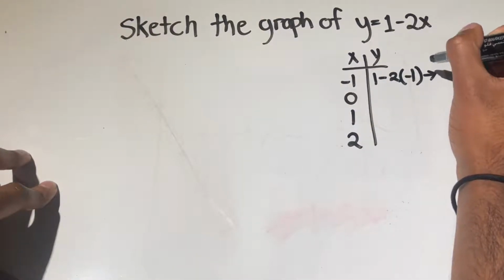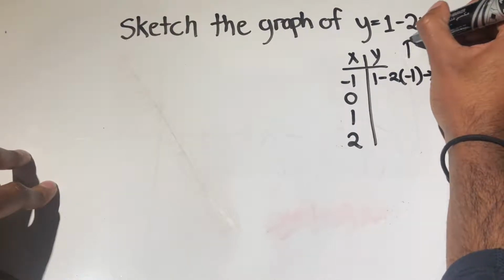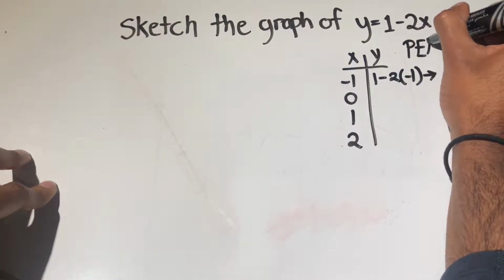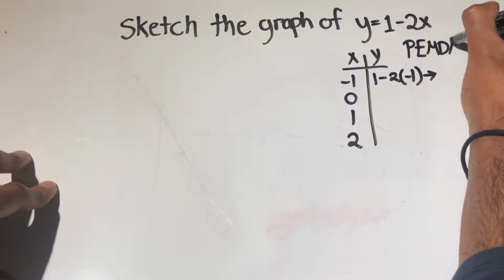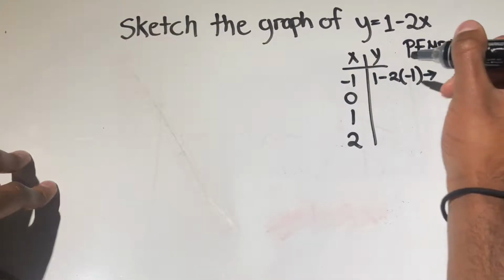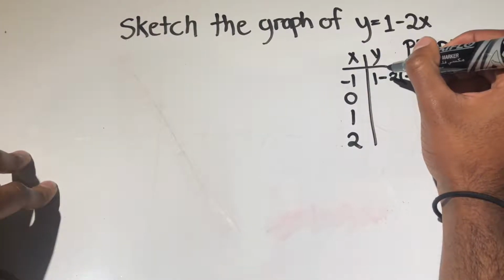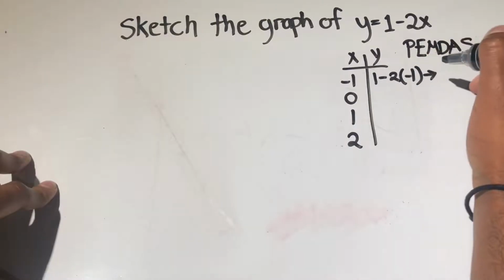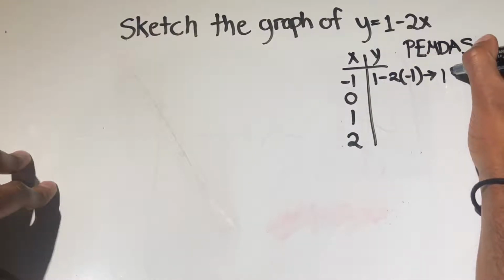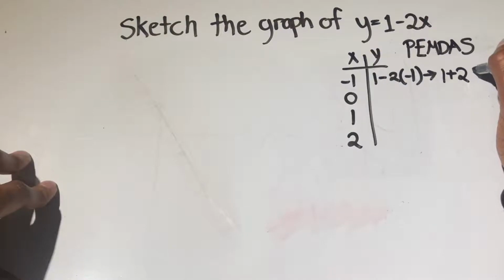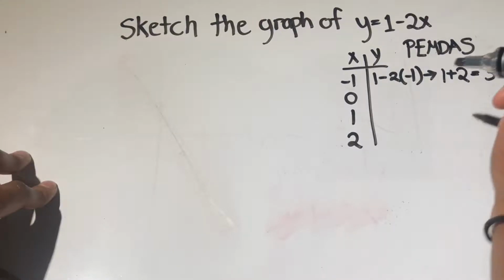Now obeying the PEMDAS rules, if you're not familiar with PEMDAS, I have a separate video for that, and I'll write it here as a reminder. We get 1 minus 2 times -1, which is 1 plus 2, and that'll give us 3.